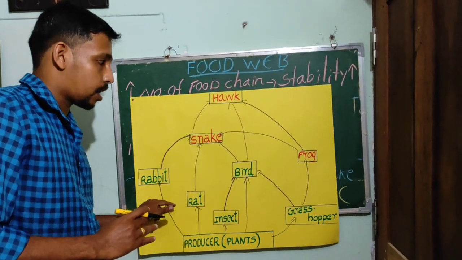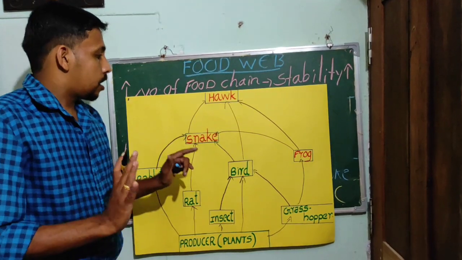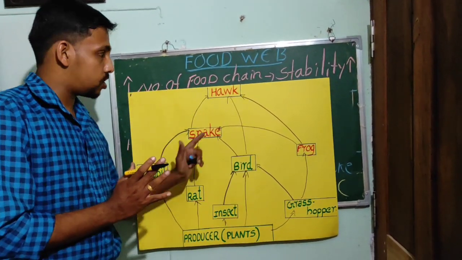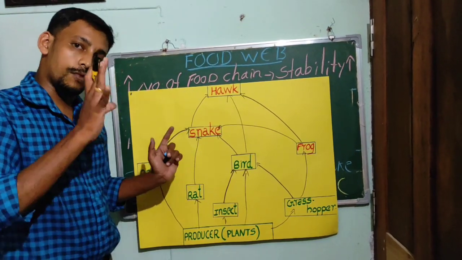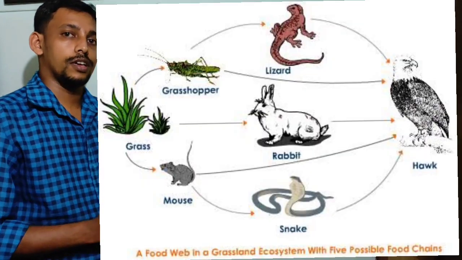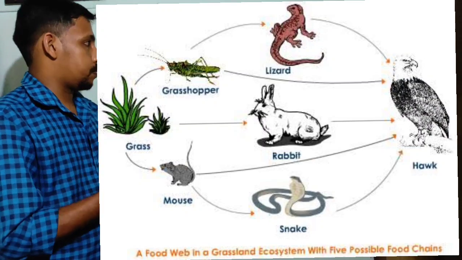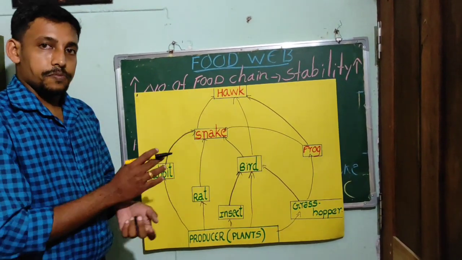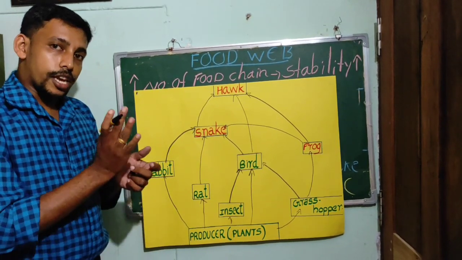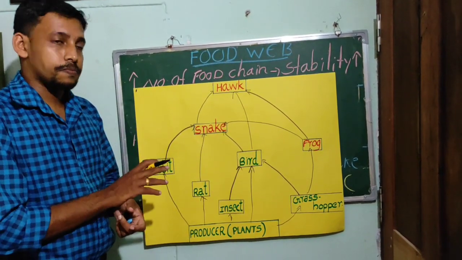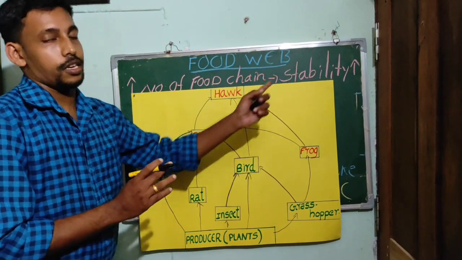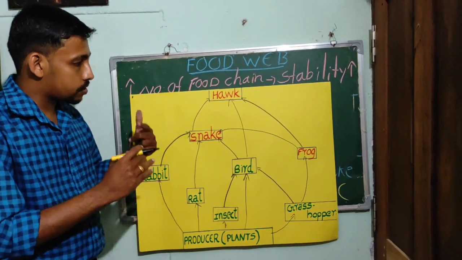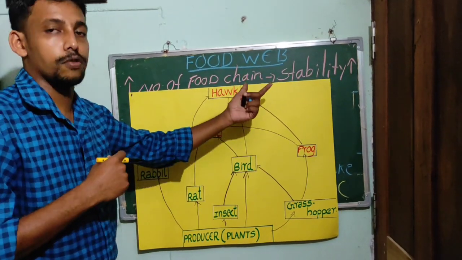Now the different types of food chains have been interconnected. This network of food chains is known as a food web. The more the number of food chains in an ecosystem, the more stable the ecosystem is.